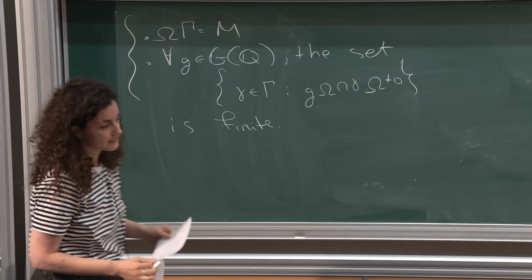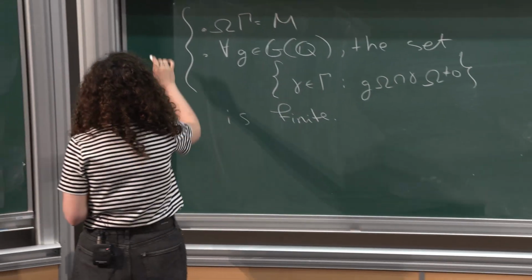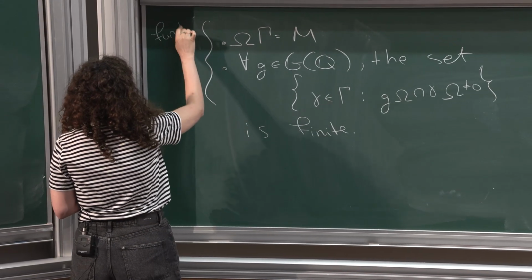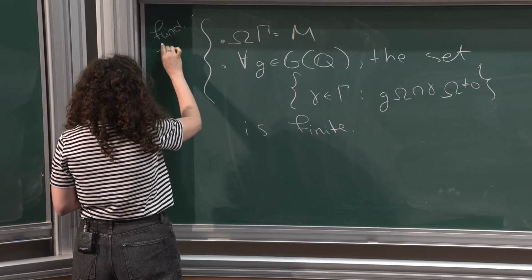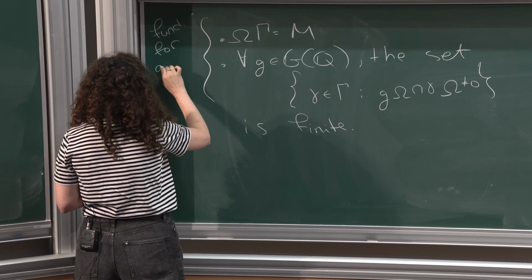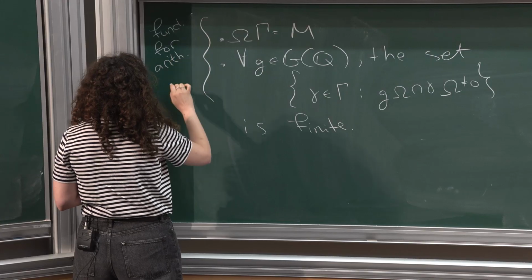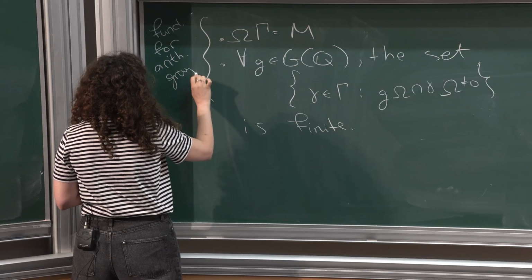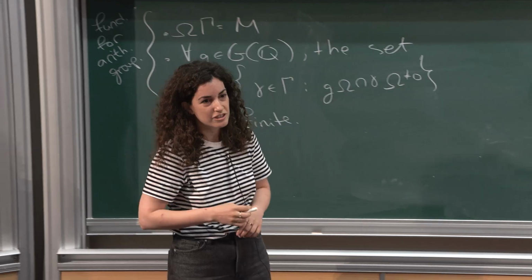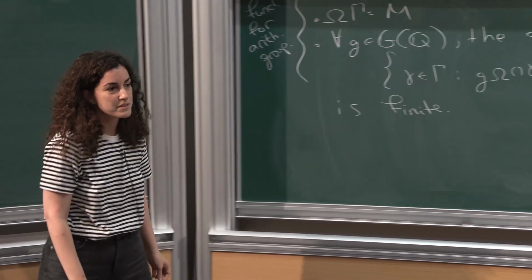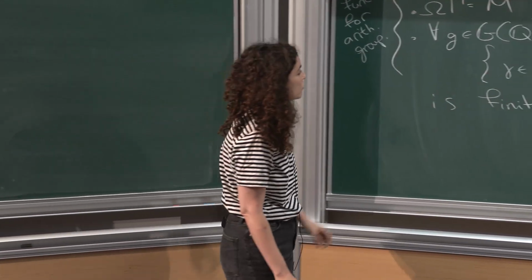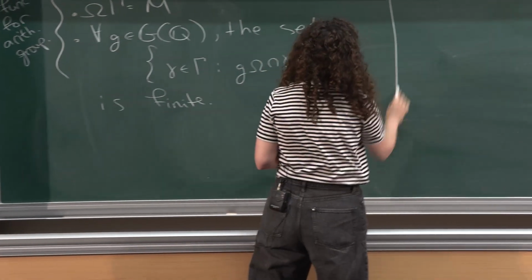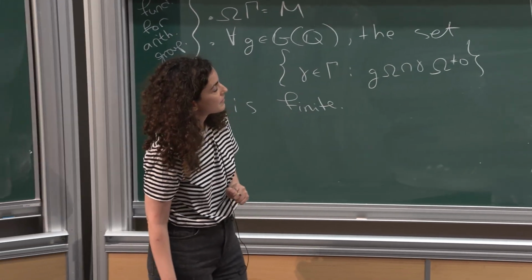And these two properties are what is called a fundamental domain for arithmetic groups. So again, because here we have this extra structure of our group assumed to be an arithmetic group, we have this nice description of the fundamental domain.